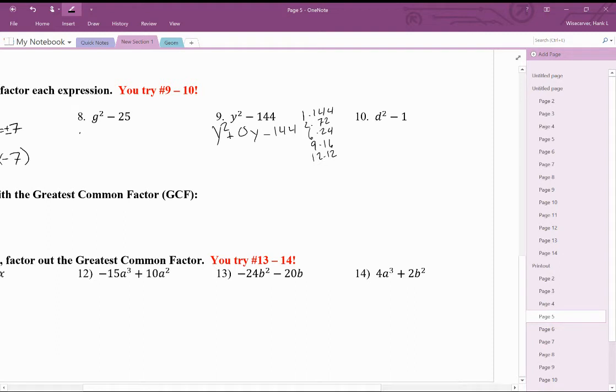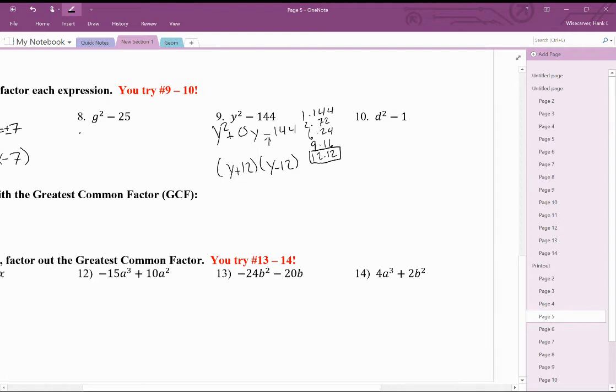So we're looking for the ones when you combine them, they make 0. Well, that's always going to be when it's the same number. The only way to get 0 that way is by subtracting. So there they are. This is a subtraction sign, so that means they're opposite signs. So we have y plus 12, y minus 12.